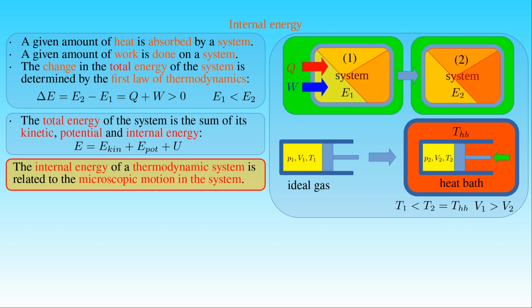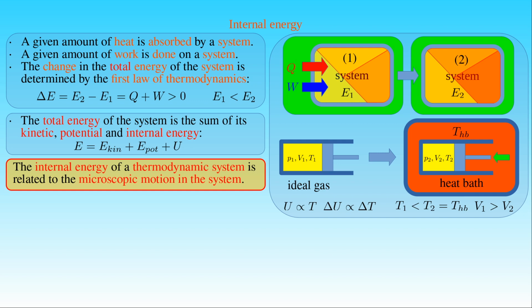Since we can associate the internal energy of the gas with the average speed of the particles performing thermal motion, the internal energy U of an ideal gas is proportional to its absolute temperature T, or more generally, the change delta U in the internal energy of an ideal gas is proportional to the change delta T in its absolute temperature. If a gas absorbs heat or is compressed, its temperature increases and the change in its internal energy is positive.